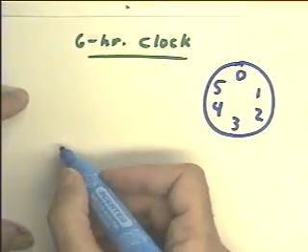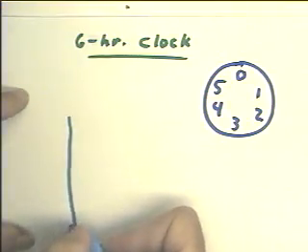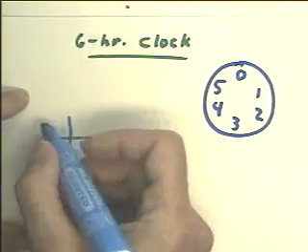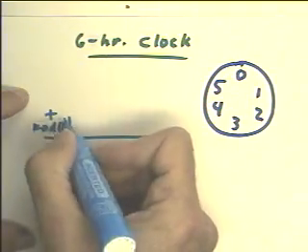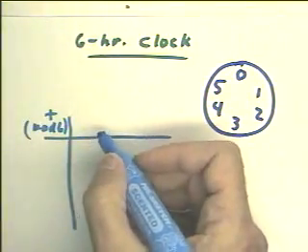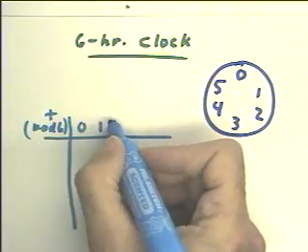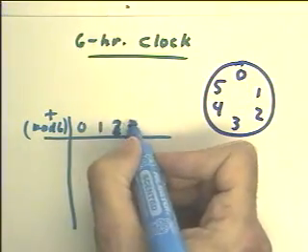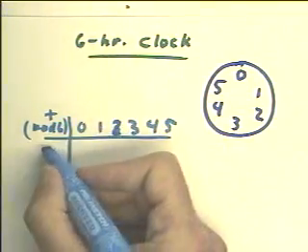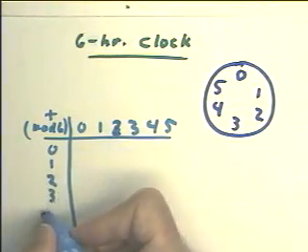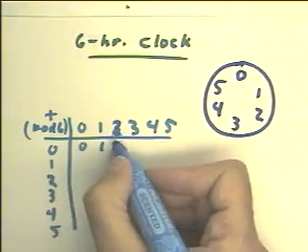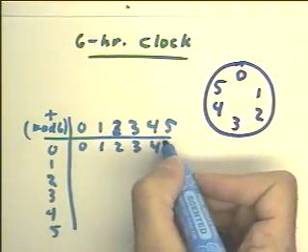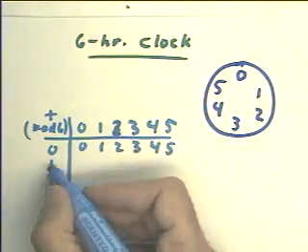The addition table I'm going to write down without too much comment because it's very similar in nature to the addition table for a 5-hour clock. The only difference is that on a 6-hour clock you've got a 6th hour, but the patterns are all very similar. 1 and 0.